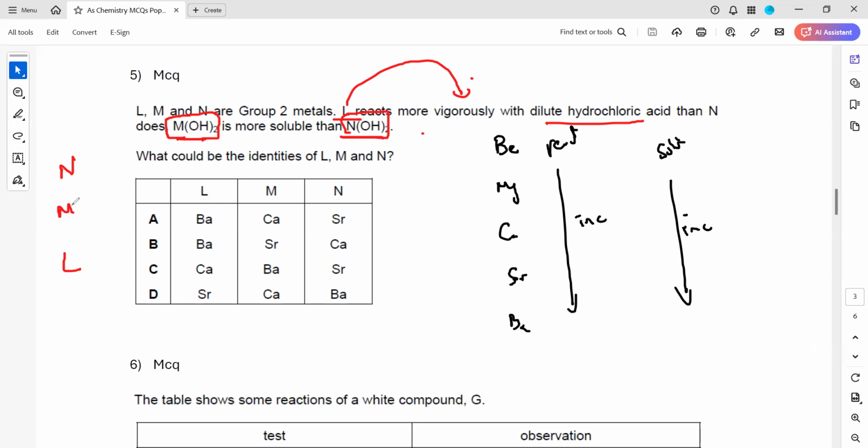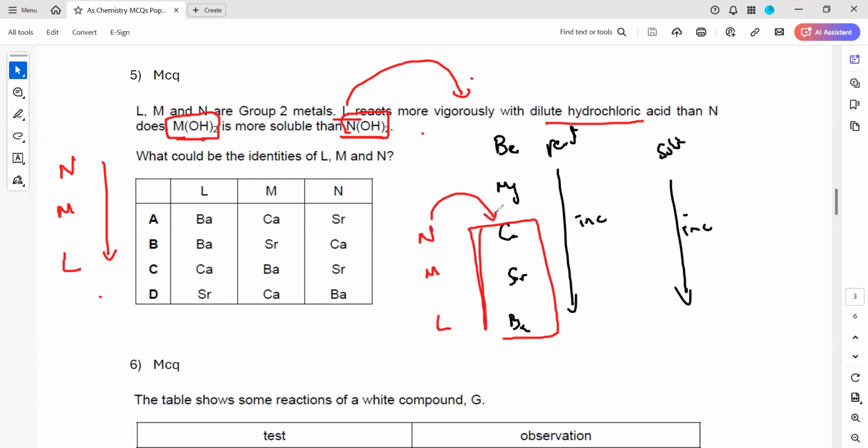So which could be the identities of L, M, and N? L should be the more reactive, and we have these elements: barium, calcium, and strontium. So we have the three elements and we got the series as N, M, and L. So what is N here?